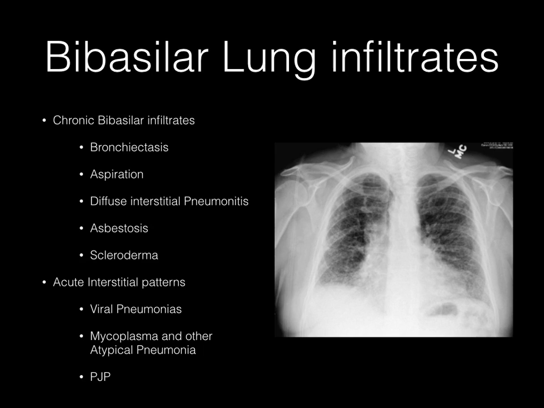In chronic bibasilar infiltrates the main differential diagnoses include bronchiectasis, aspiration, diffuse interstitial pneumonitis, asbestosis, and scleroderma. While in acute interstitial pneumonitis, the differential diagnoses include viral pneumonitis, mycoplasma and other atypical pneumonia, and PJP.